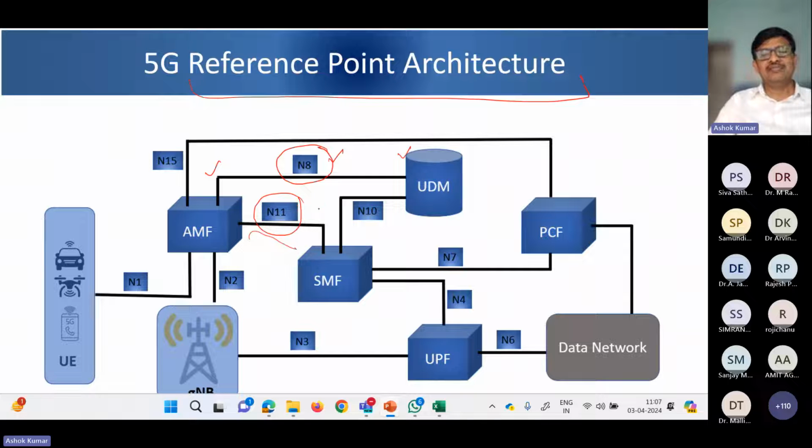This is similar to the various interfaces we had in 4G, 3G, 2G. All were a kind of reference point architecture. But in 5G, we also have a service-based architecture in addition to reference point architecture, and most deployments of 5G networks are based on SBA, service-based architecture, and not reference point architecture. But for the purpose of learning, we will talk about both.